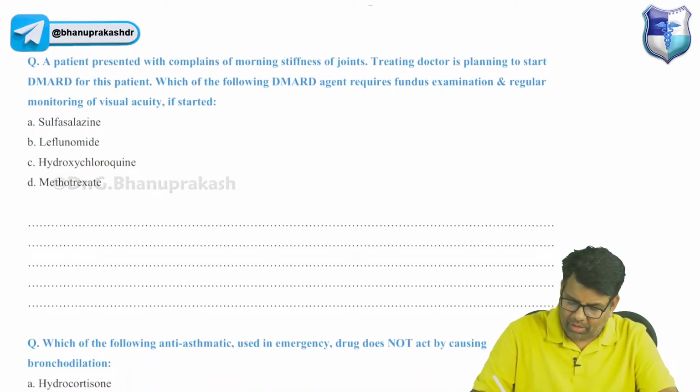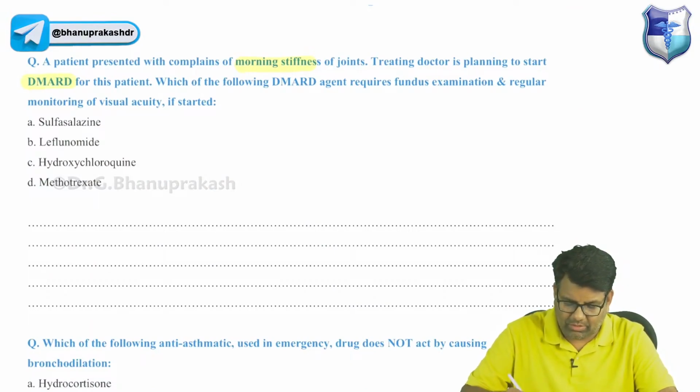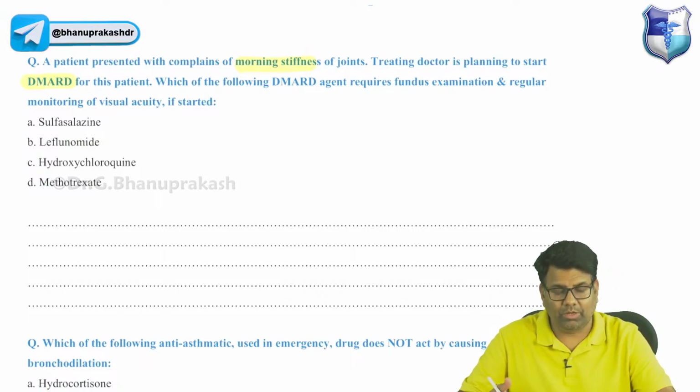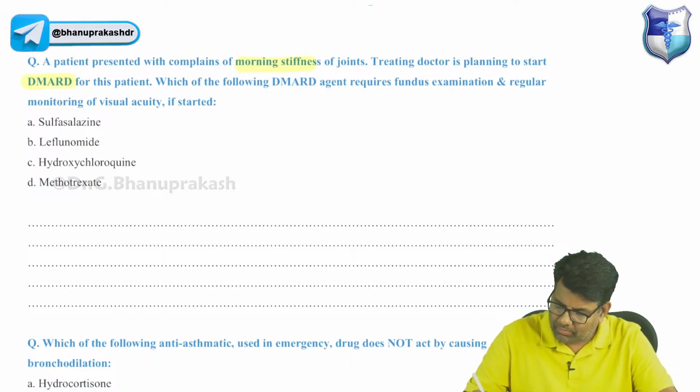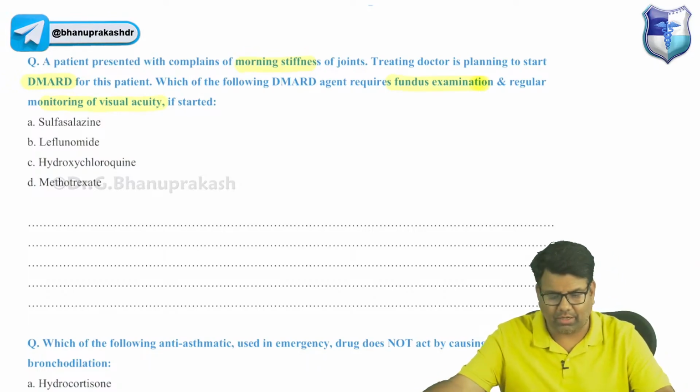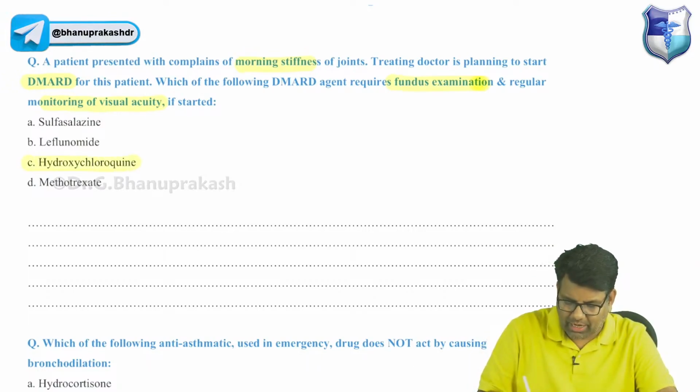Next question. A patient has morning stiffness in joints, and the treating doctor planned to start the disease modifying agents in rheumatic disease. Which one requires fundus examination and regular monitoring of visual acuity if started? Yes, this is hydroxychloroquine, right?